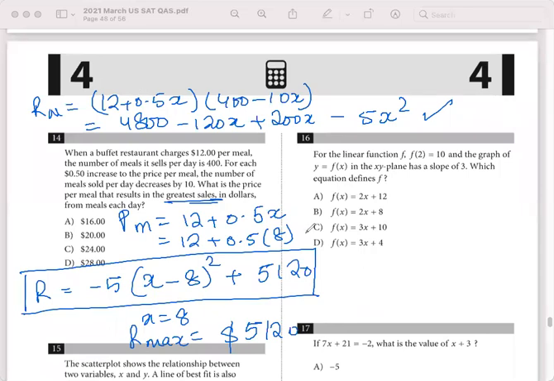So the price of the meal was 12 plus 4, which is 16. So if the restaurant sells every meal at $16, then it is able to reach the maximum revenue of $5120. So the answer is option A.